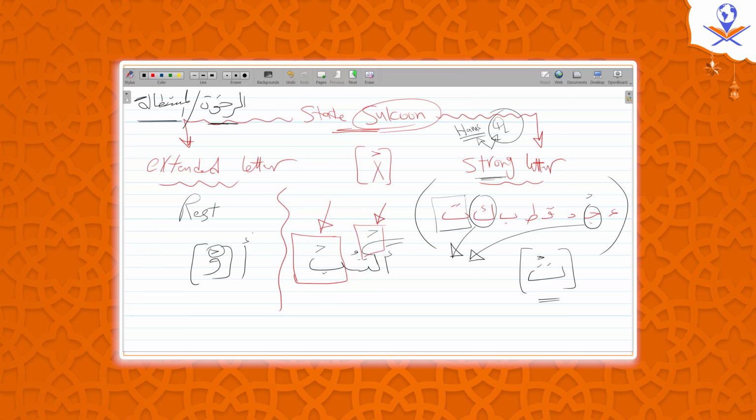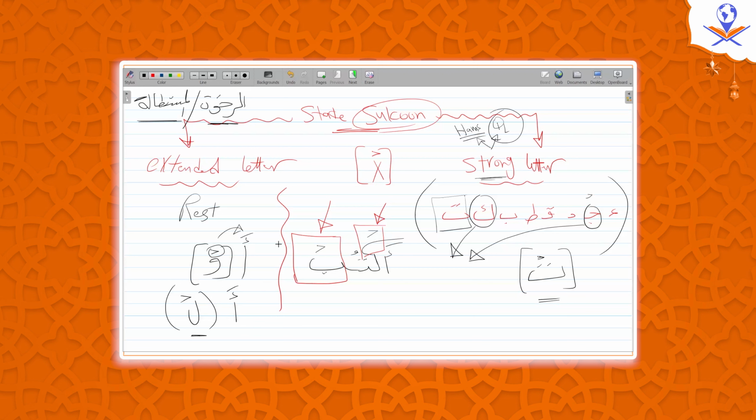For example, hamza with fatha before this waw sukun becomes aw. Look at the extension. Lam sukun is not from the strong letters, so it has to be al, not ala. Look at the extension. That's why we call it al-rikhwa, the flexible letters.